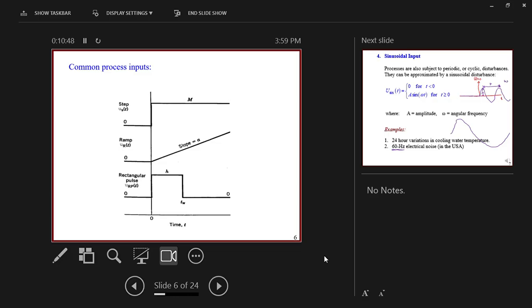The previously mentioned inputs, the step, the ramp, and the rectangular pulse, are the most common process inputs, and we will try our best to restrict ourselves to using these 3 types of inputs. But there are other types of inputs that are available but not very frequently happening.